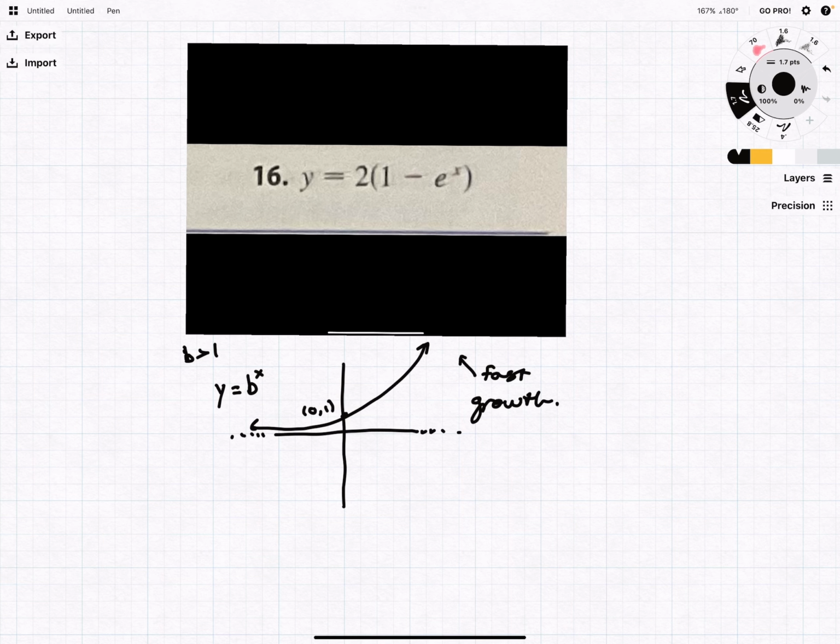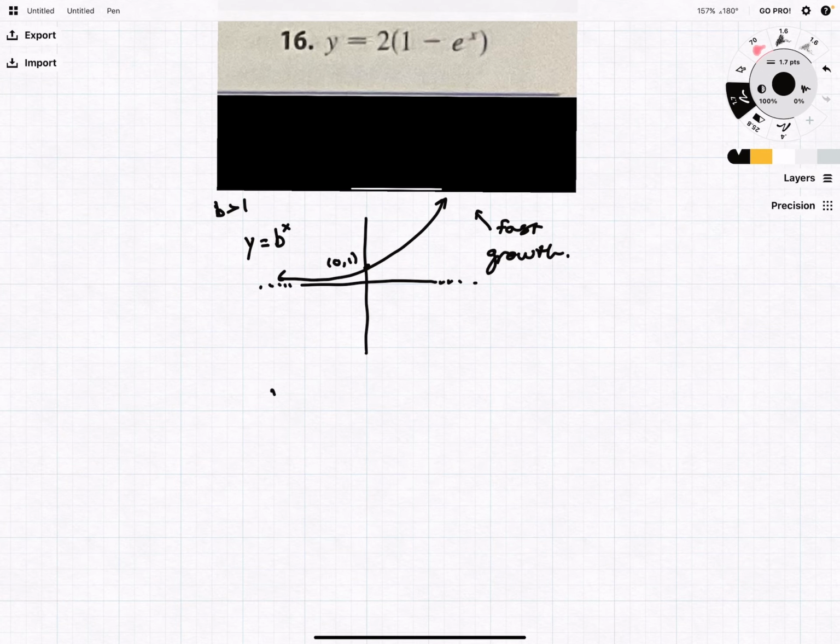Now what we have here is y equals 2 times 1 minus e to the x. So let's go ahead and distribute this 2 in. So we have y equals 2 minus 2e to the x. Next thing I want to do is rearrange it and get the portion with our variable on the left side.